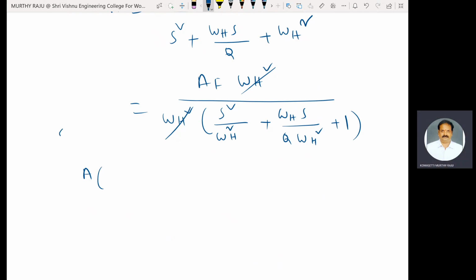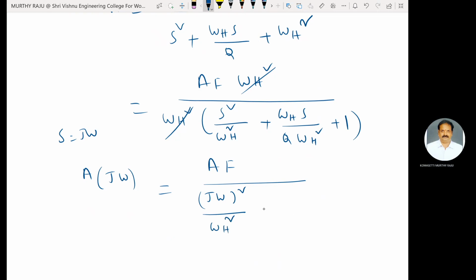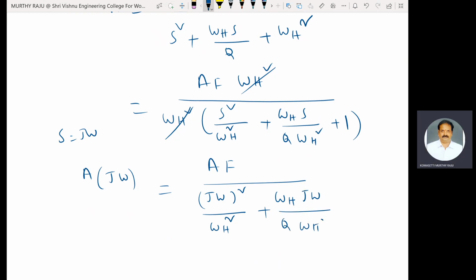Put s equal to jω. A of jω is equal to A_F by (s is jω) whole square, that is ω_H squared, ω_H, s is jω, Q ω_H squared plus 1.